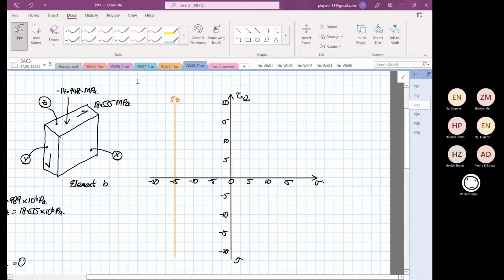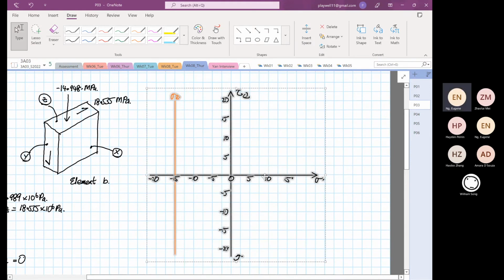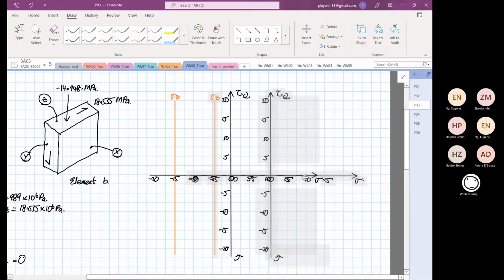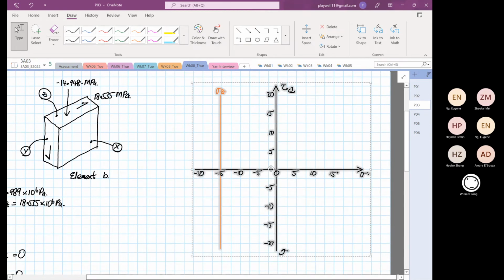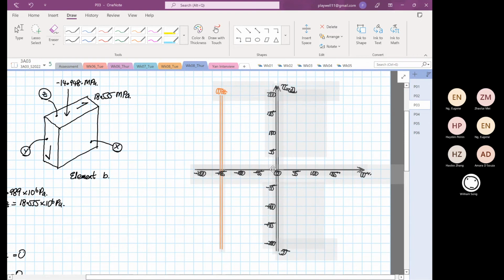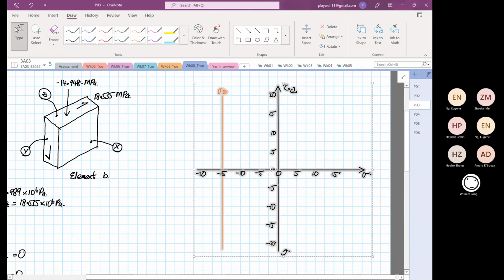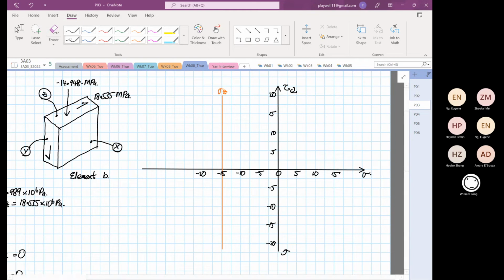Let me push this further. I think I need more negative than positive for this case. So we still have minus 25, minus 30. Then that is our stress Z line.